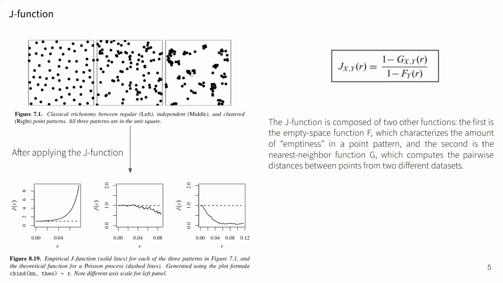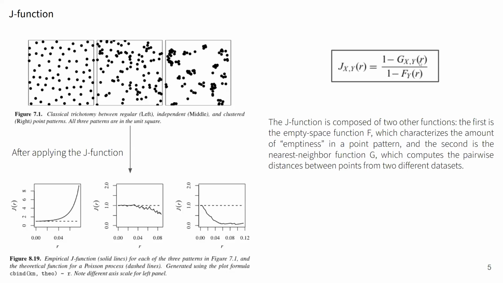If the points are clustered together, the curve will be lower than the dashed curve. So you see that depending on the type of pattern that you have, using the J function permits you to characterize whether your pattern is more clustered or not.